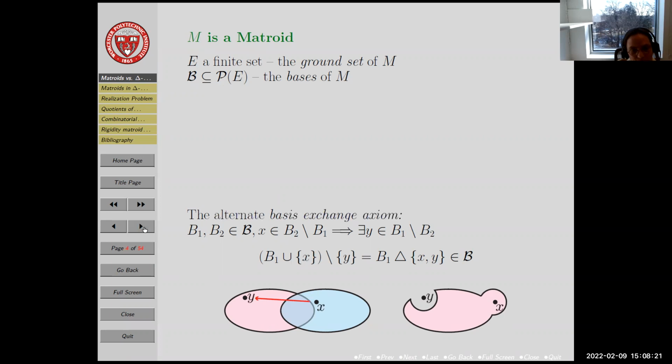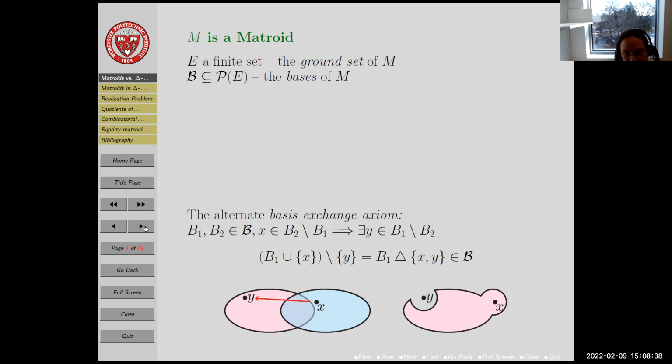So what is clear from the start is that all bases have to have the same size, if this is supposed to be true. I try to make this viewable graphically.